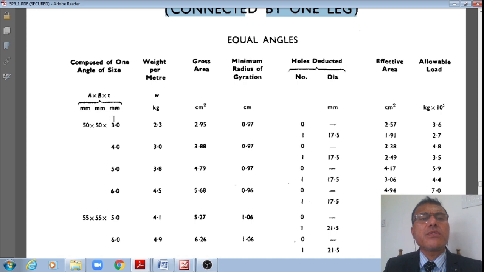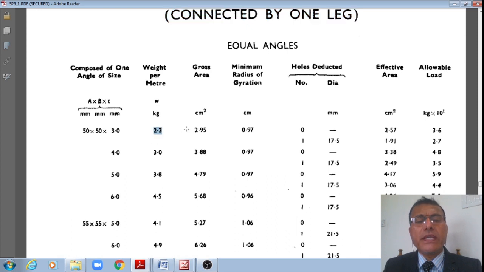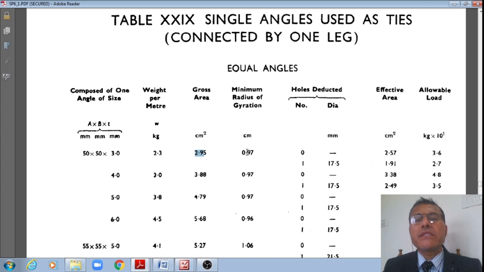For this composed of one angle 50 by 50 with 3 mm thickness, its unit weight is equal to 2.3 kg per meter, and cross sectional area is equal to 2.95 centimeter square, and the minimum radius of gyration is 0.97 centimeter, and holes, if at all there are no holes, 0. Yes, if at all one hole is there, then the diameter of that rivet or that of the bolt is 17.5 for 16 mm dia bolt, or for 16 mm dia rivet 17.5, right?